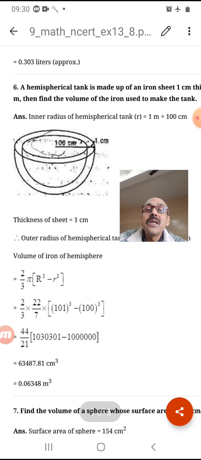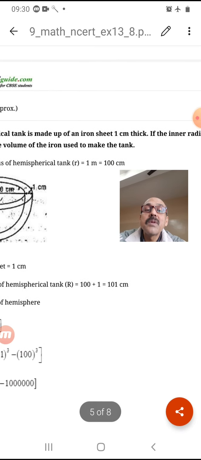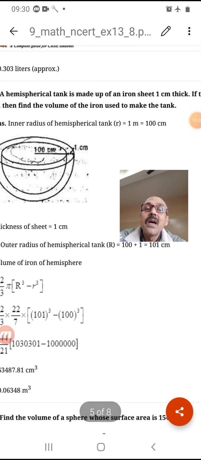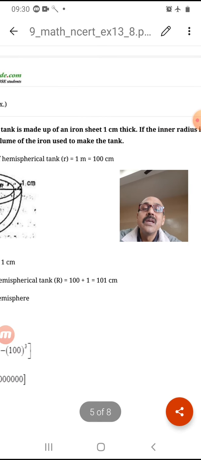The question is a hemispherical tank made of iron sheet of 1 centimeter thickness, if the inner radius is 1 meter, find the volume of the iron used to make the tank. So this type of question needs both the inner radius and the outer radius. Actually we have to find the outer volume minus the inner volume, that is the actual iron sheet.